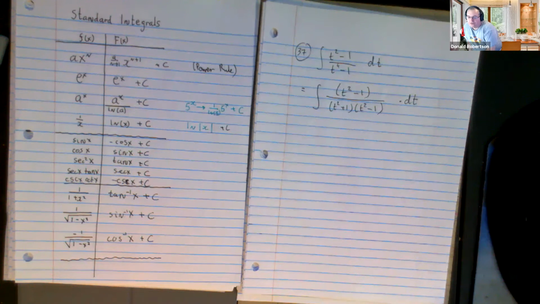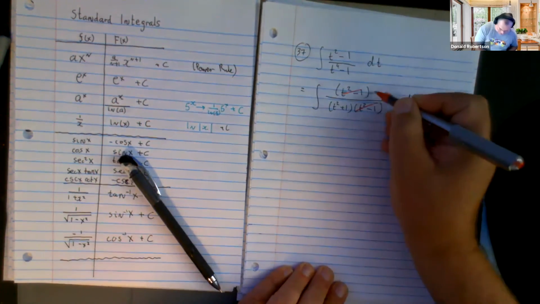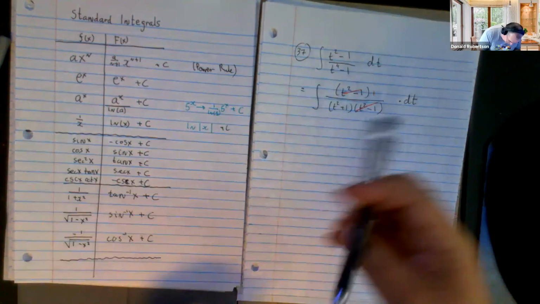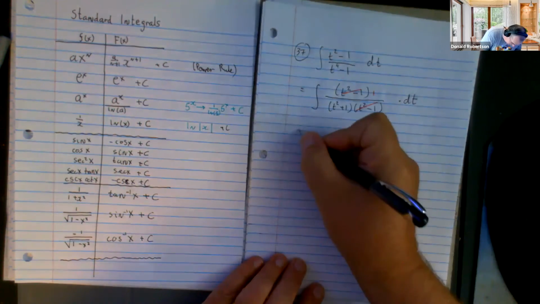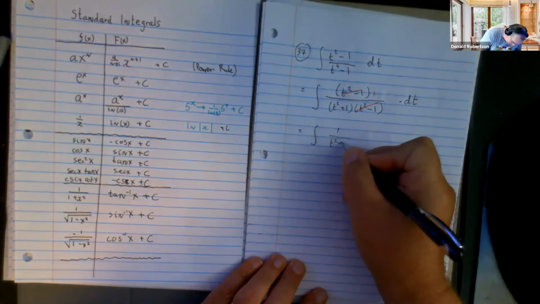Have you also noticed that by not doing anything to the t squared minus 1, I've made my life a little bit easier, because can't I just cancel those two, one on top and one in the bottom? So when I cancel this one with this one, I'm left with that. So this guy is actually that guy.